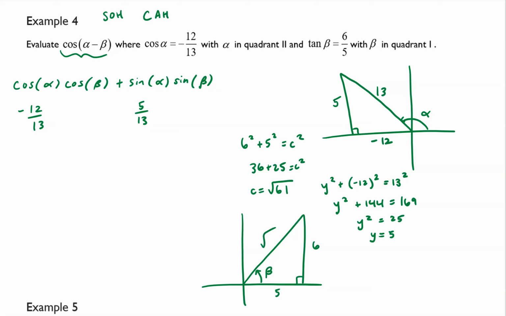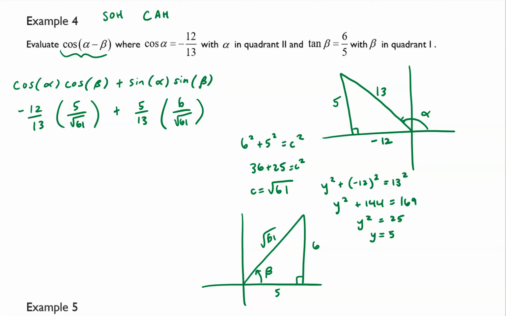Okay, so the length of the hypotenuse is equal to the square root of 61, and so that's going to tell us that cosine of beta is adjacent over hypotenuse, so that's going to be 5 over square root of 61. And sine would be opposite over hypotenuse, so that's going to be 6 over the square root of 61.